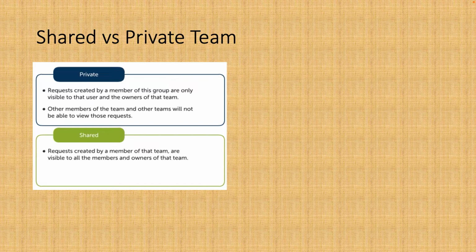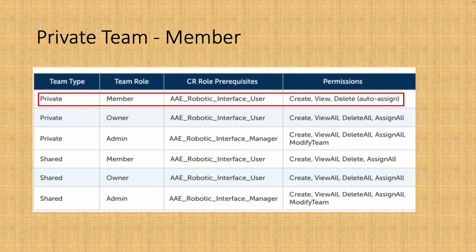But if you click on the radio button which is private, it means only the member who initiated the request can see it, and also the person who is the owner of the team, along with the admin, can also see the request. Other members and the members of other teams cannot see any of the requests. We'll show how it actually works in the demo. And if we go into detail, if you selected a private type and you have a member, then the member can create a request, view a request, and delete a request.